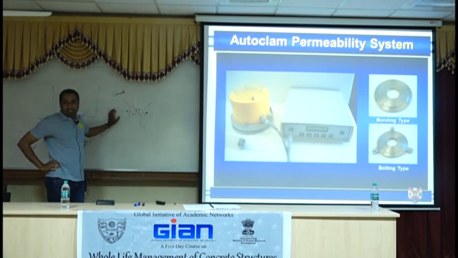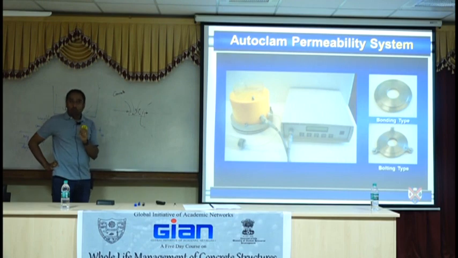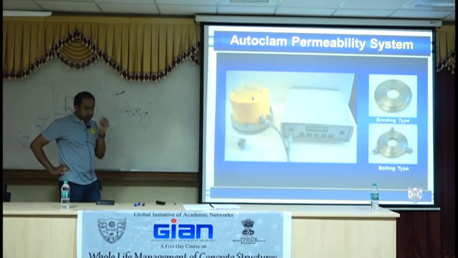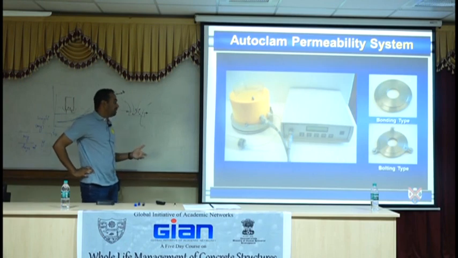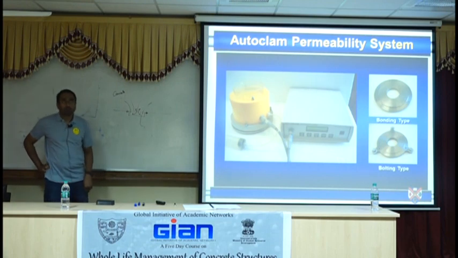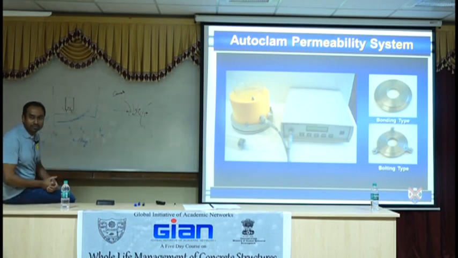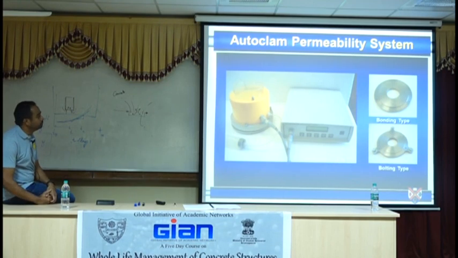But water is not anything, if you tell it to go, it doesn't necessarily have to go. So you need to create a small pressure head here for it to go. So for absorption or sorptivity test, we put a very small pressure, 0.5 bar, I think. I need to look it up. 0.5 bar, okay.